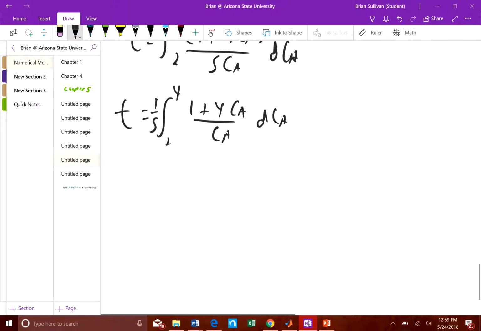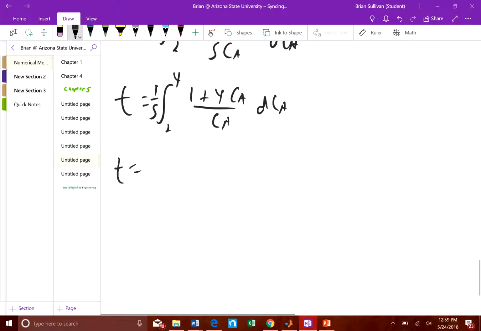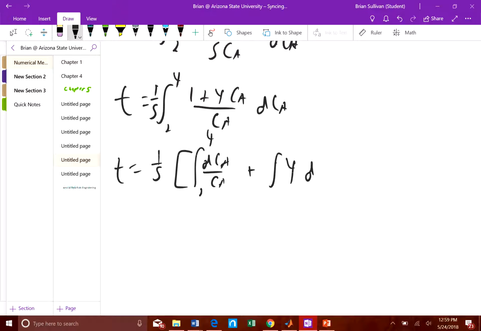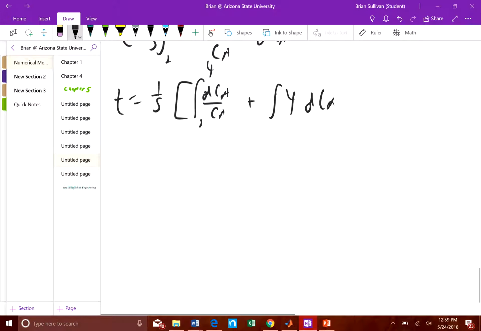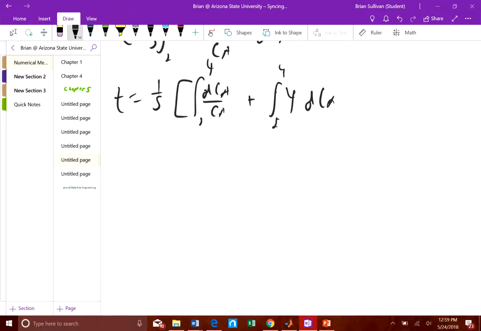Now I can split this up into two integrals, right? Using the denominator. So I have dC_A over C_A from 2 to 4, right? And that's going to be plus the integral of 4 dC_A. The reason why is because the C_A here and the C_A here will cancel when you do that division, and of course, 2 to 4. Okay, a little easier than I thought it'd be.